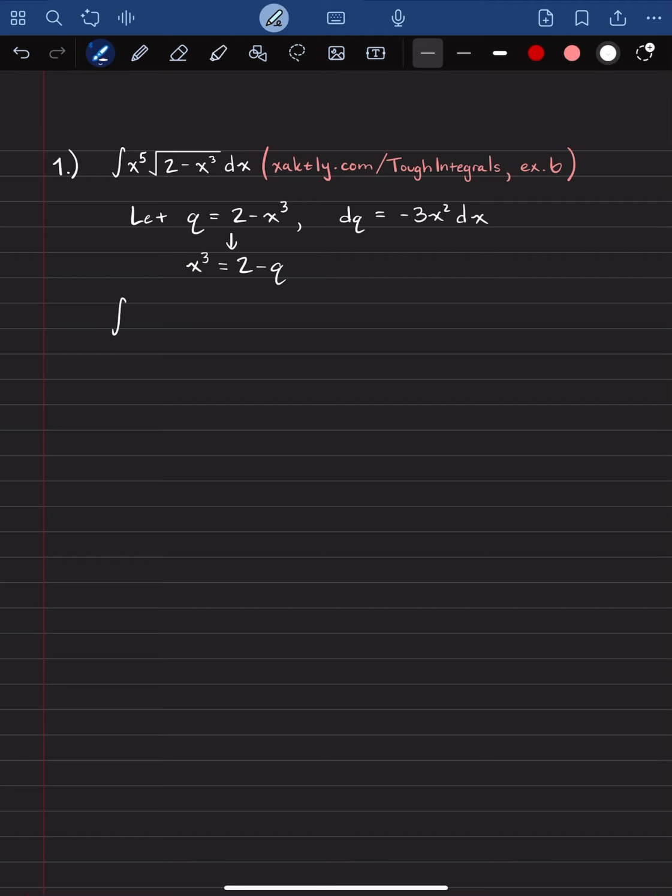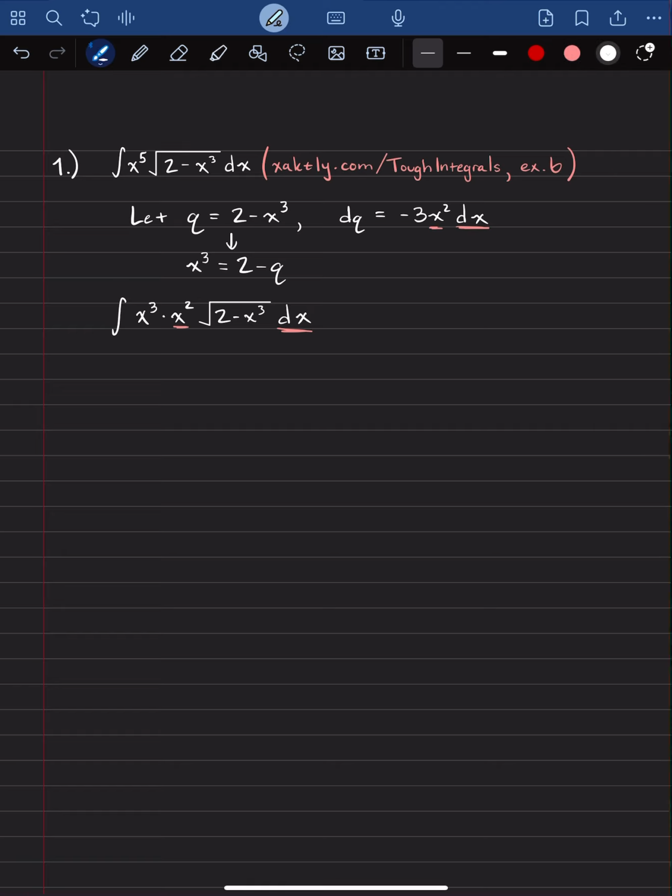First try, I promise. x cubed times x squared will be the same thing as x to the fifth. I'm rewriting it like this because I can get an x squared dx from my substitution. We have 2 minus x cubed. Don't forget that dx. And look, there's our x squared dx.